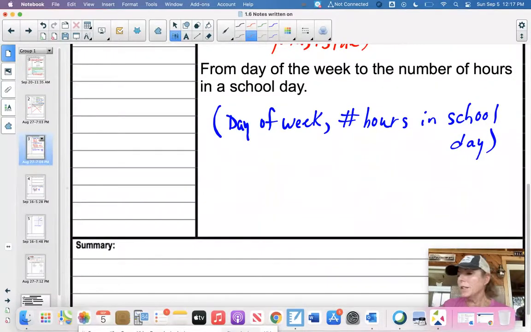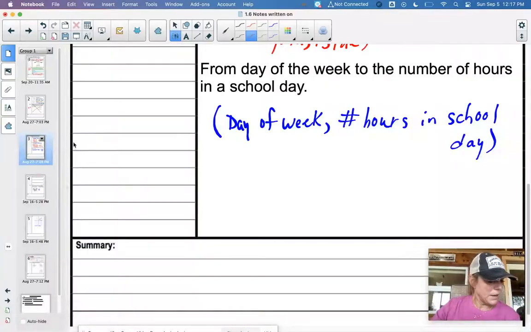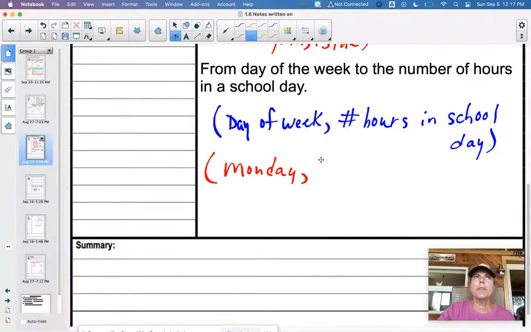From day of the week to the number of hours in a school day. Well, let's see. We have Monday, and the number of hours in a school day. Well, let's see. 9:30, 10:30, 11:30, 12:30, 1:30, 2:30. Yeah, like 6.5 hours.